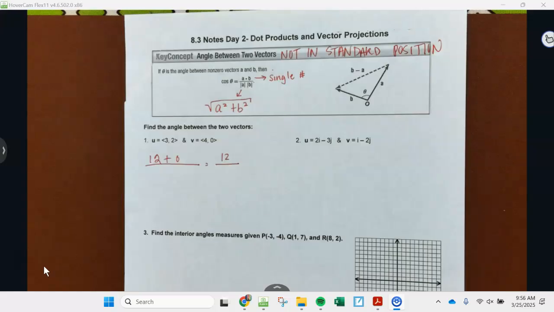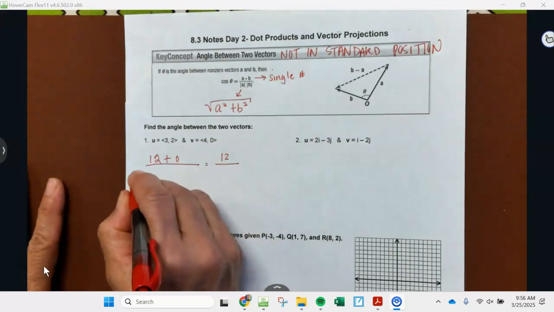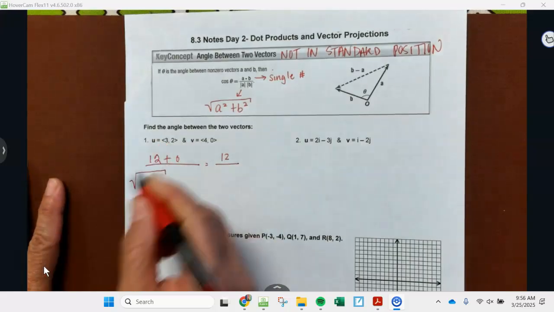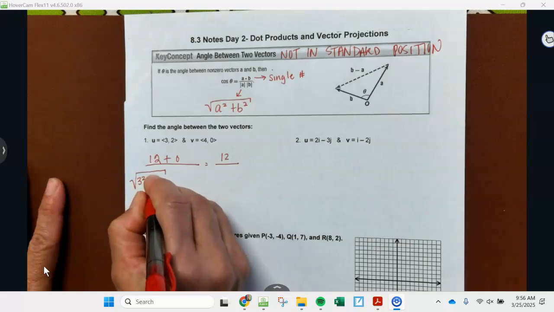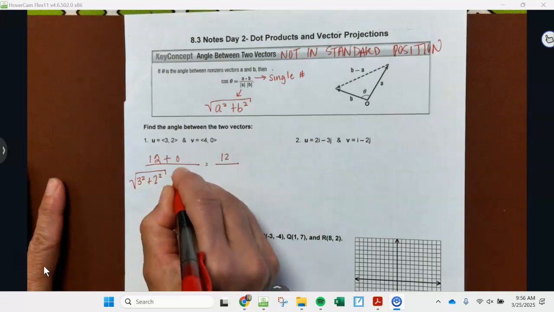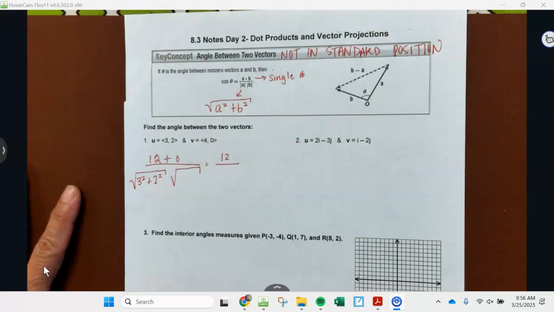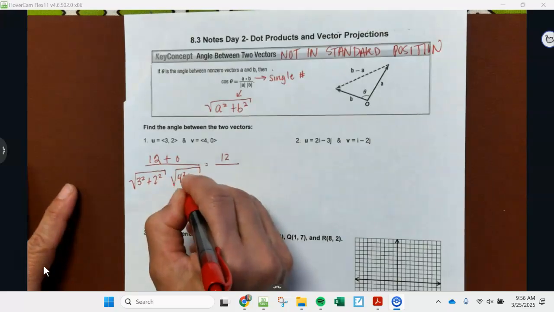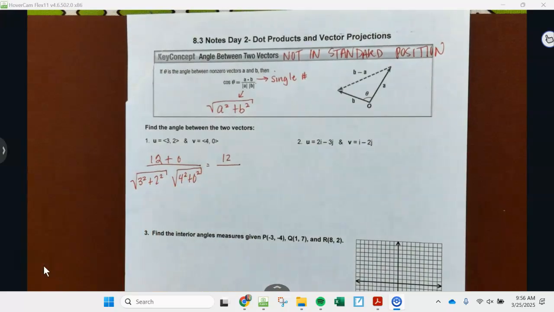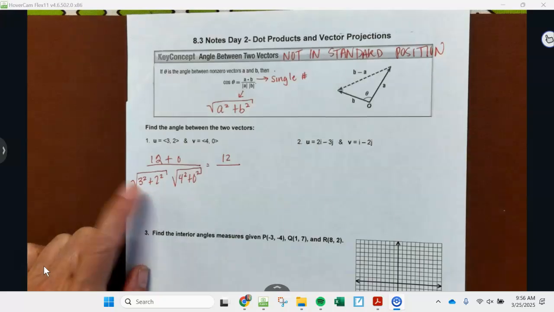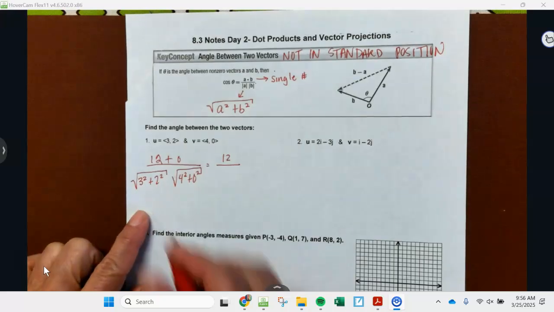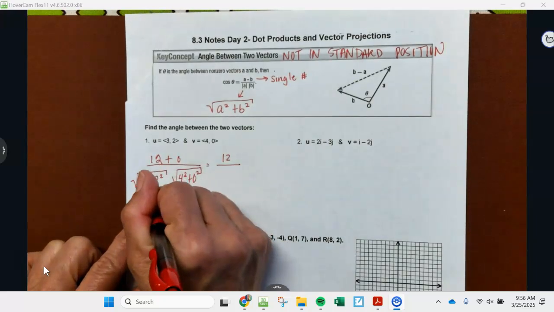For the denominator, it's going to be the magnitude of vector U, which is 3 squared plus 2 squared, times the magnitude of V, which is 4 squared plus 0 squared. And that kind of looks silly, but I just want to line it all out for our first example here. Back to our first magnitude, remember, this is 9 plus 4.